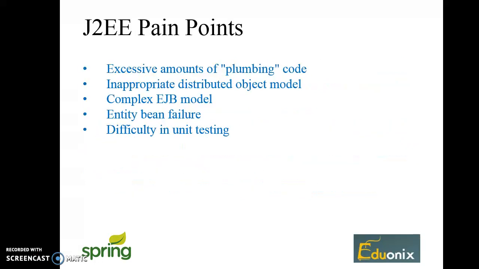Now, before we talk about the benefits of the Spring Framework, let's have a look at the J2EE pain points with existing enterprise applications. The first and most important point is plumbing code, excessive amounts of plumbing code. What does it mean?